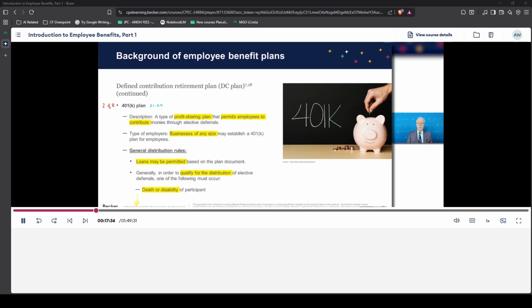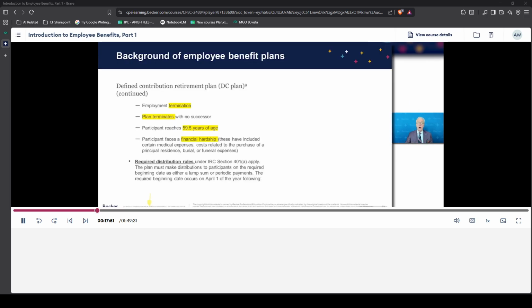Now, general distribution rules, loans may be permitted based on the plan documents, and generally, in order to qualify for a distribution of elective deferrals, one of the following must occur. One, death or disability occurred. You were terminated. The plan terminates with no successor. You reach the age of 59 and a half.